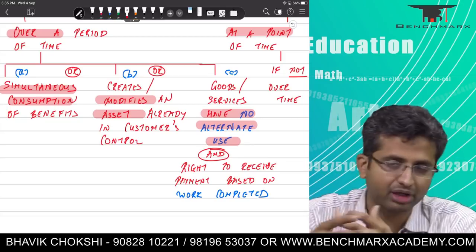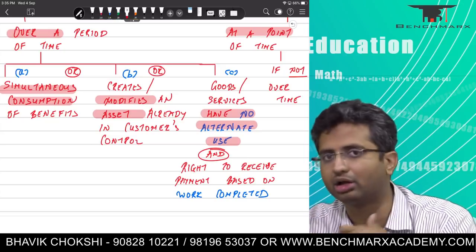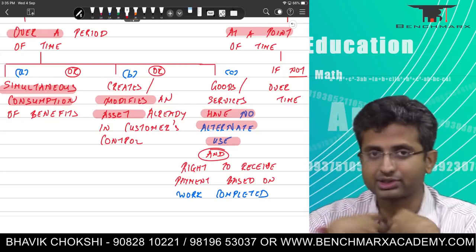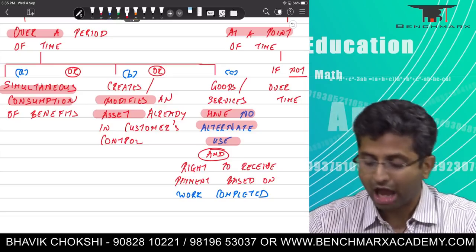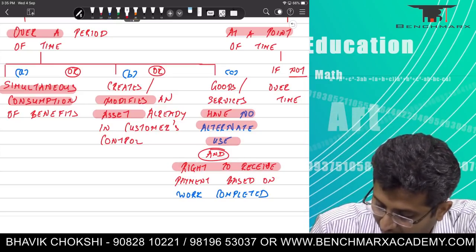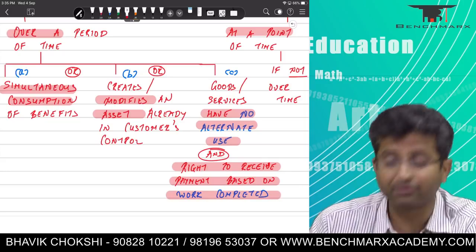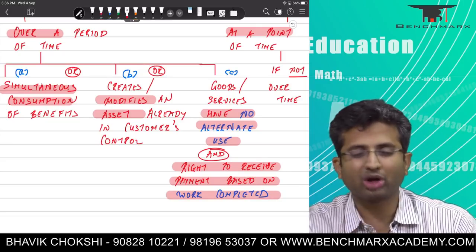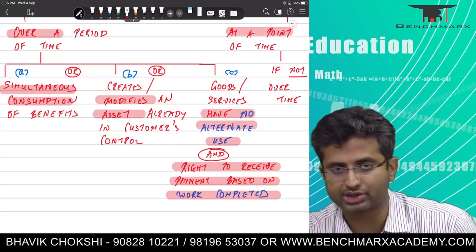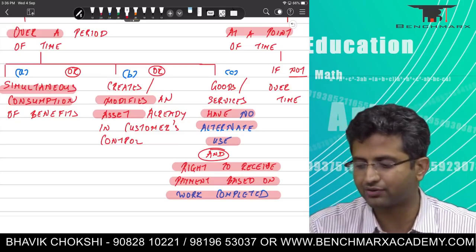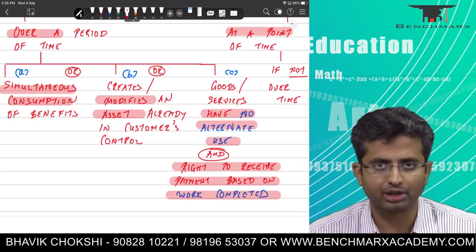So even if exclusivity is not there, you're going to struggle to find another buyer. So the goods or services that the seller is making have no alternative use, and the seller has a right to receive payment based on the work completed. It is not a flat payment, it is payment based on the work completed. If these two are satisfied, again we say that the transfer is happening over the period of time.